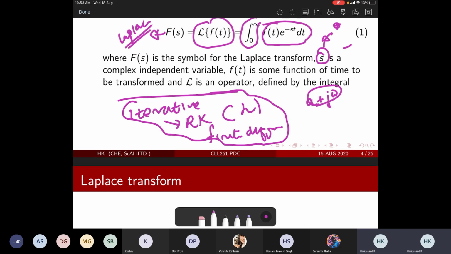So let me explain, what do you mean by step size? Let's say you want to solve the problem between t to t plus 1. You would break the overall time span into small pieces, and in each small piece you assume that they are discrete in nature.